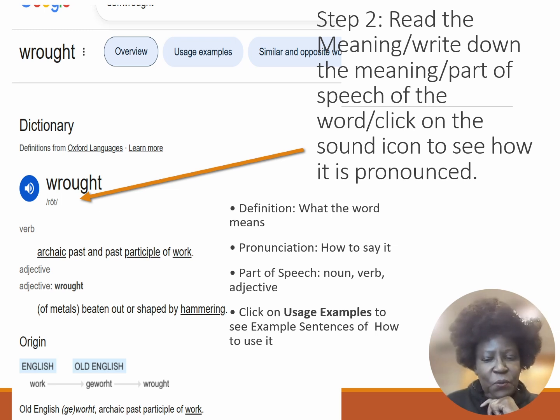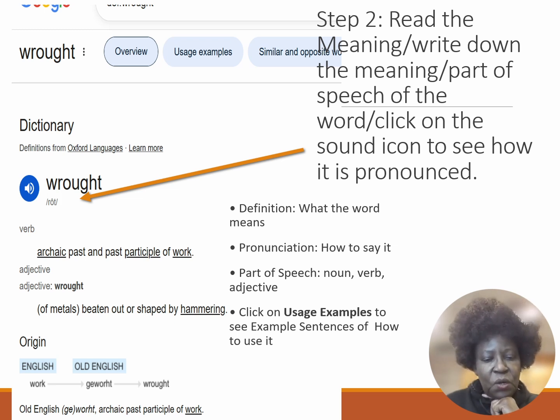When I think about the word wrought, I think about wrought iron fences, such as if you go to Chicago's South Side or any part of the communities where housing is. A lot of the houses are encased in wrought iron fencing, beautiful wrought iron fencing.